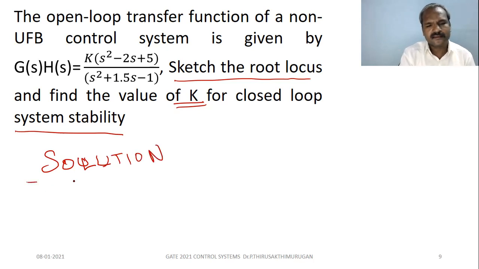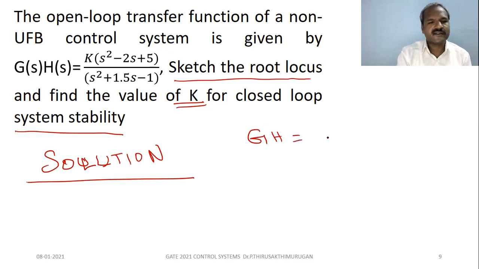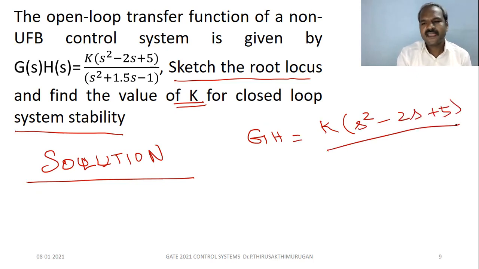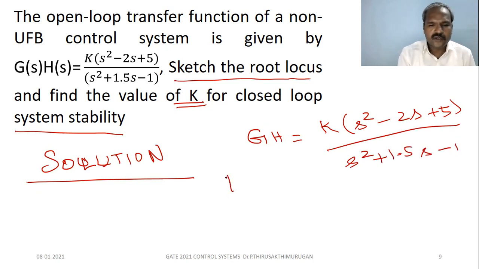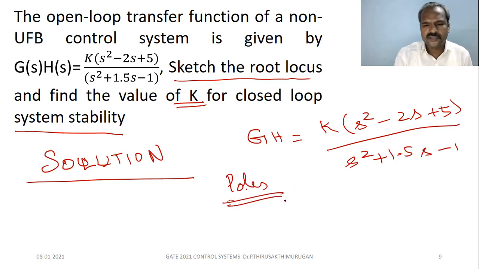So the solution. First, from this transfer function, let us find the poles and zeros. S square minus 2S plus 5 divided by S square plus 1.5S minus 1. How many poles? 2 poles. What are the poles? P1 and P2.